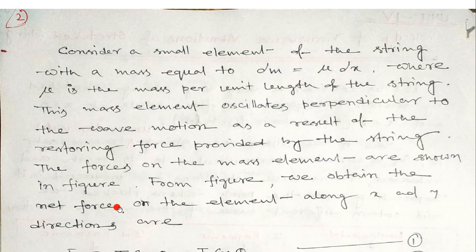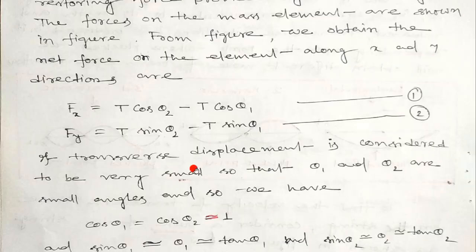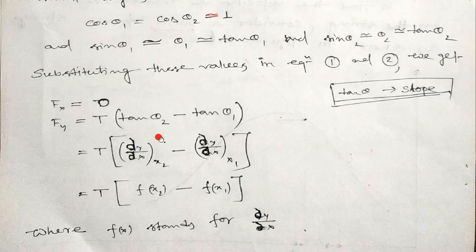So, we know the slope is written like del y del x. So, tan theta 2 will be del y del x at x equal to x2 and tan theta 1 will be del y del x at x equal to x1.